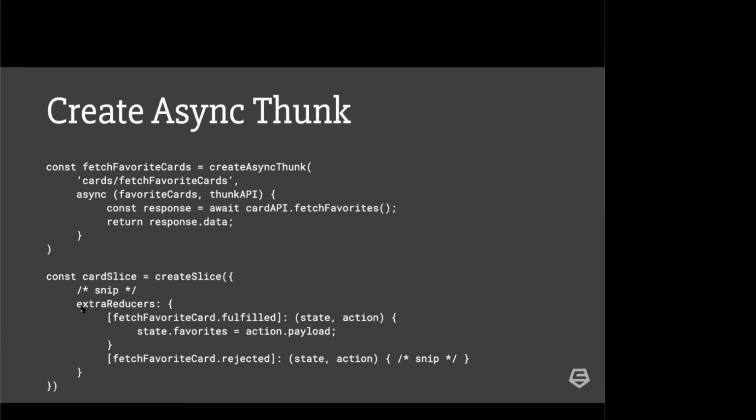We have to throw the functions for handling the different resolution values of your promise into extra reducers. So you can see here, it's a little less clean, but it is capturing any way that your state can mutate.